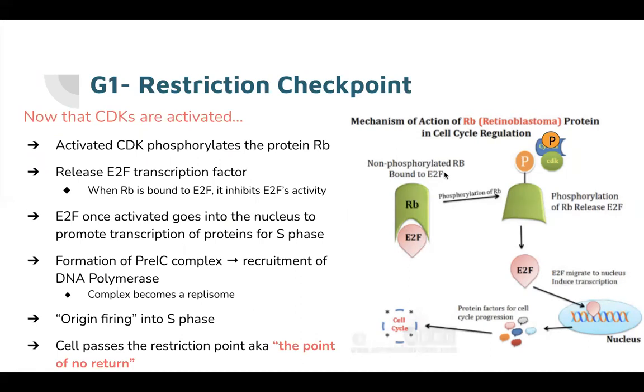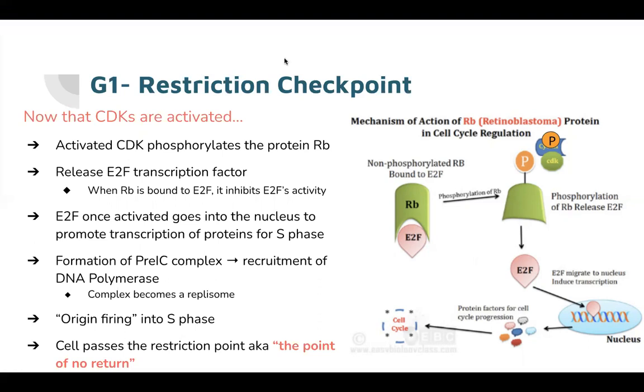So RB gets phosphorylated by activated cyclin CDK, E2F is released and induces the transcription of these S-phase proteins. And remember, this is the restriction point. This is the point of no return. Any questions on this pathway?